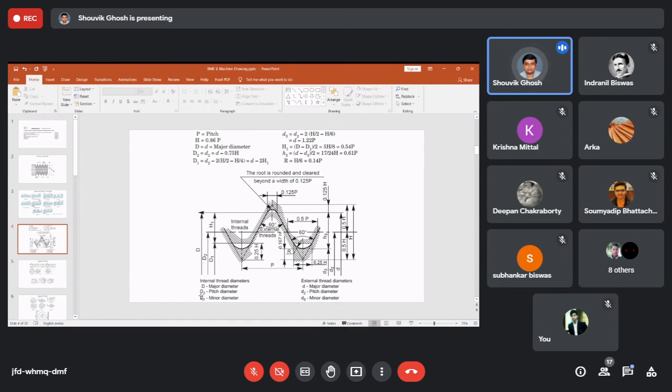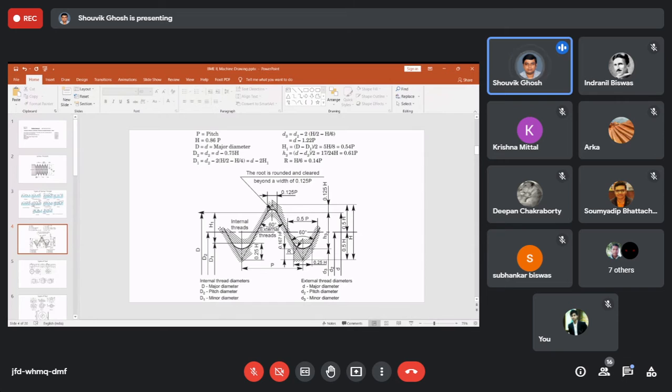Again the minor diameter, as you can see over here, for internal thread is equivalent to d2, whatever value, or you can say d minus 0.5 h, minus 2 into h by 2 minus h by 4, or is equivalent to d minus 2h1. This is the h1, as you can see over here.